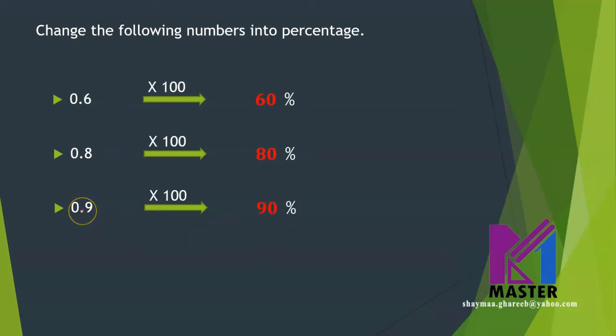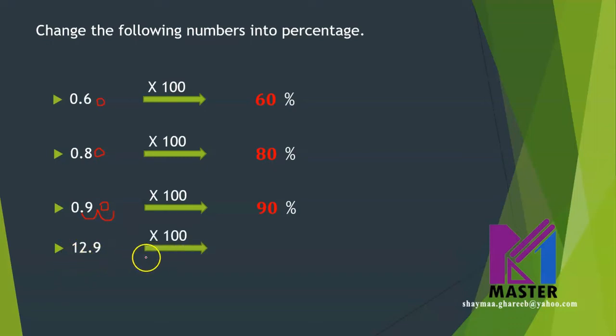And every time, remember, I move the decimal point 2 places to the right, and I put 0 because we said 0.6 is same as 0.60 or 60 hundredths, and 0.8 is same as 80 hundredths.